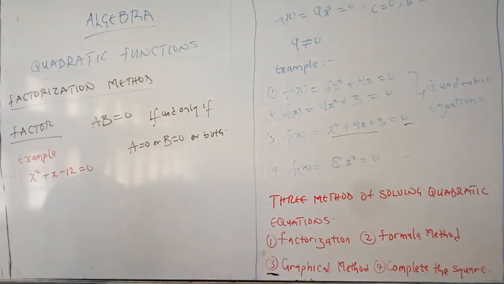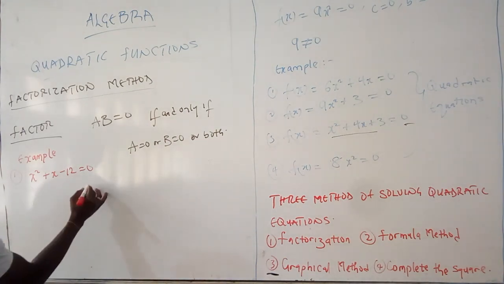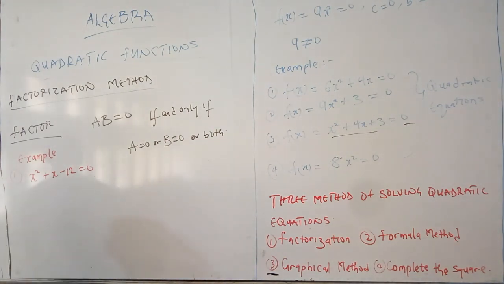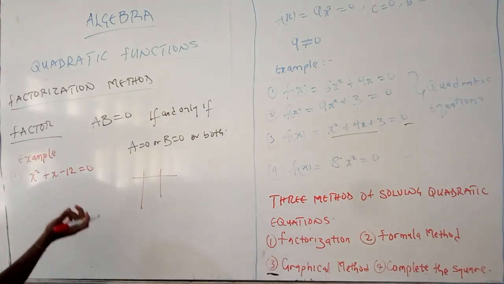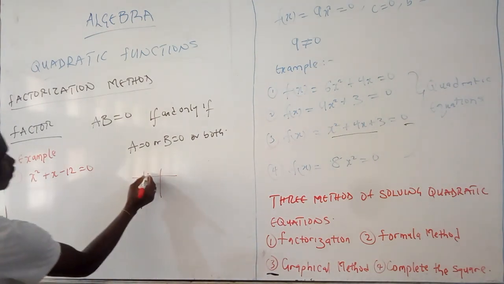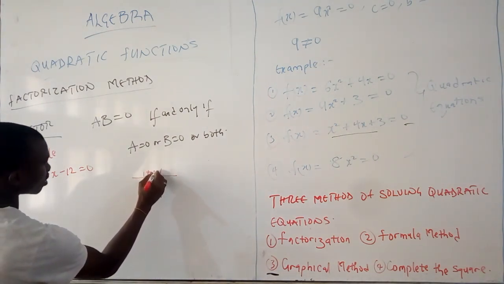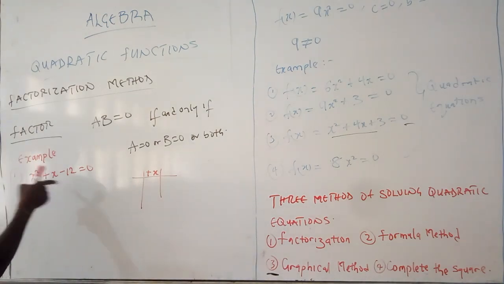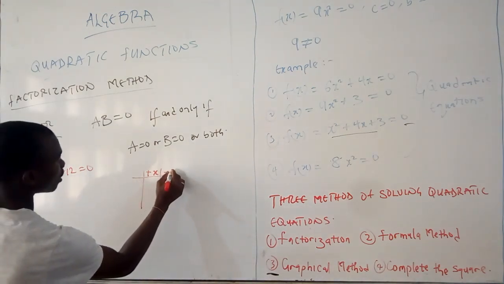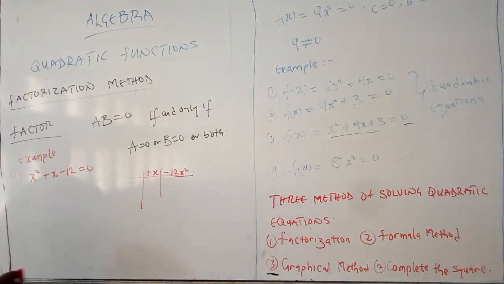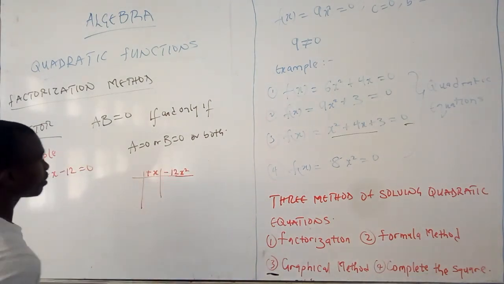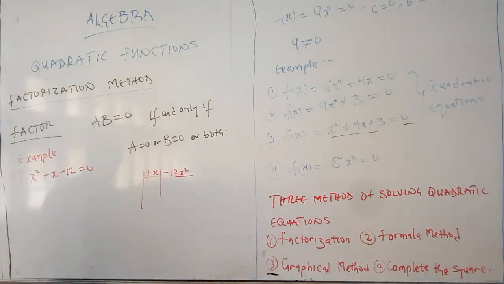First thing you do is find a number. Let's say you go to your rough work and find a number whereby when you add it together, you have plus x, and when you multiply it, you have minus 12x squared.